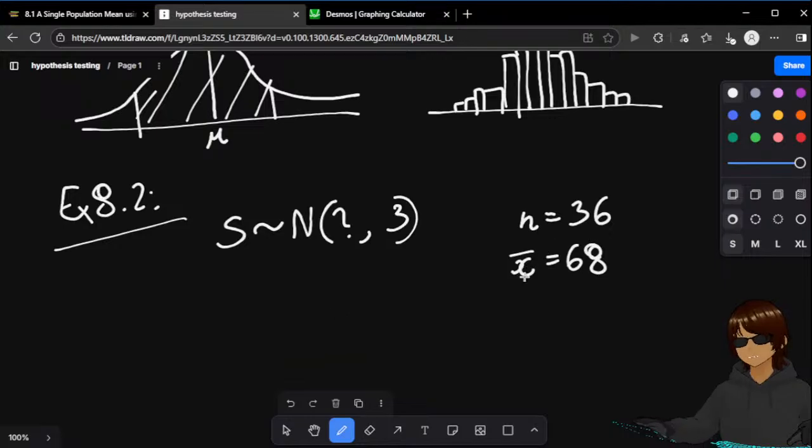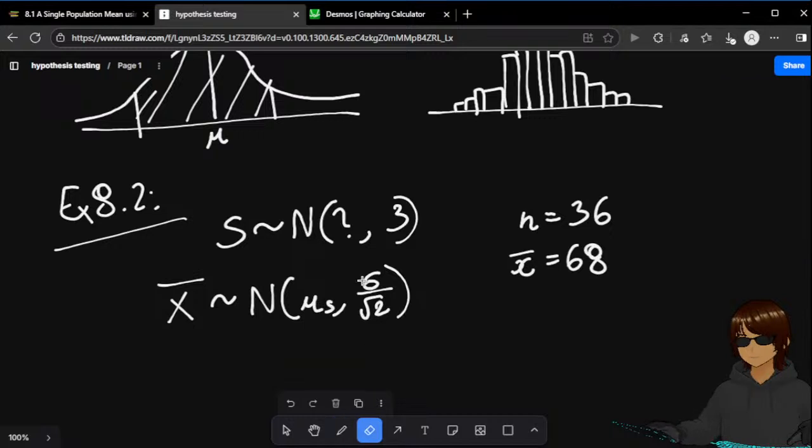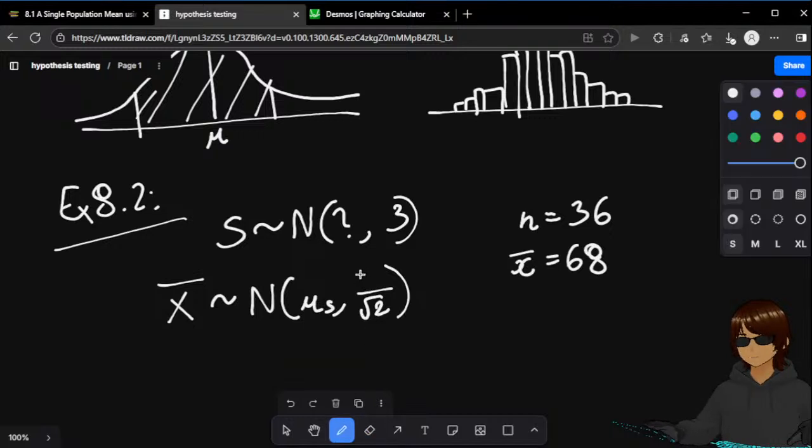Okay, we have this. So X bar would be normally distributed with the mu of the original and sigma over root n. Well, in this case, sigma is 3, right?